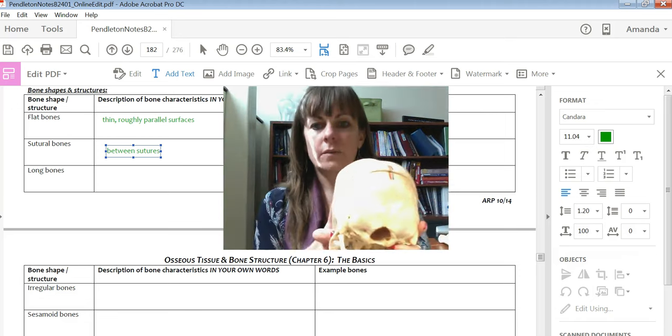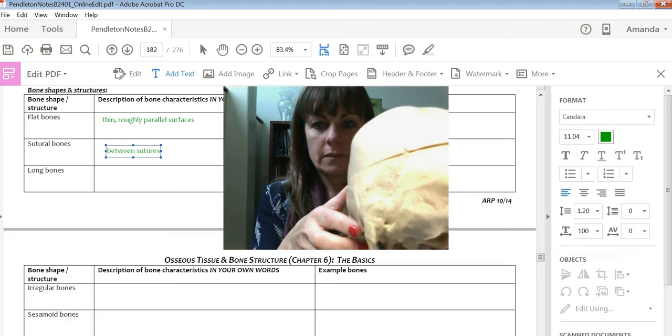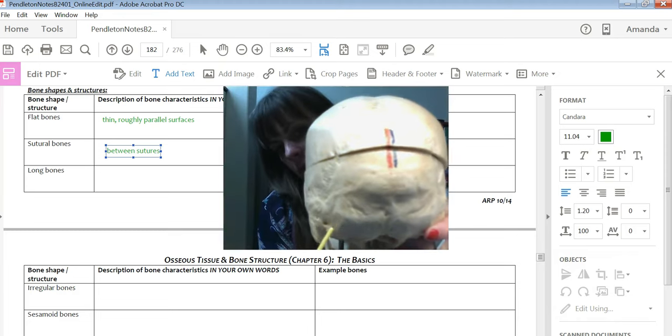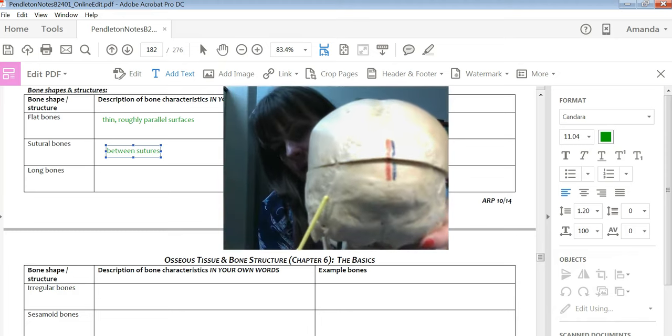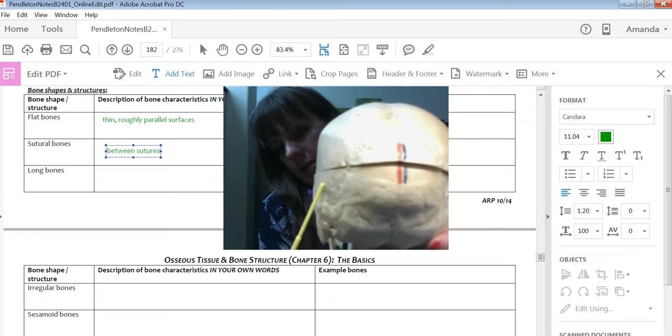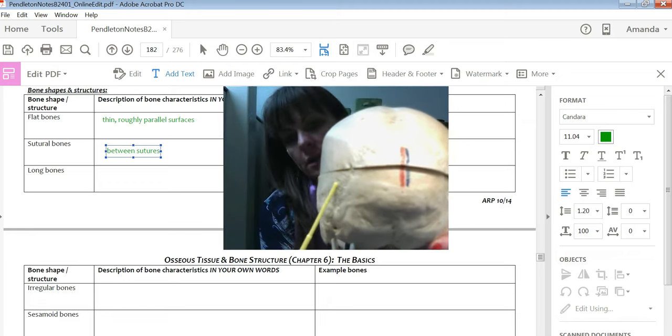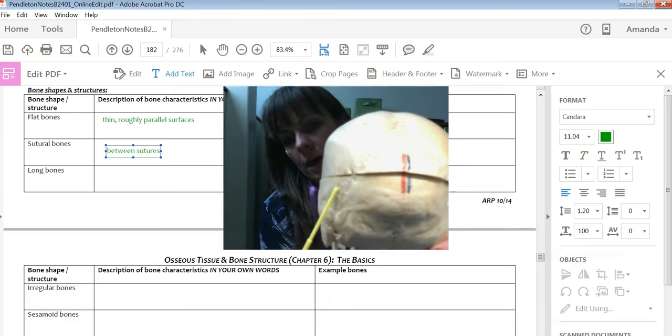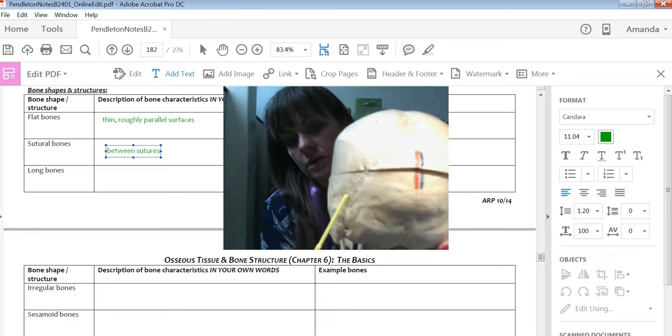Okay, so here is my skull, and if we get it up really close, what you can hopefully notice over here are these things that look almost like stitches along the skull surface in between the bones. Those are called sutures.